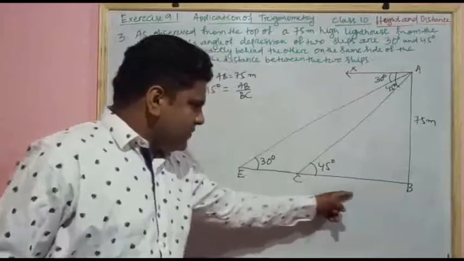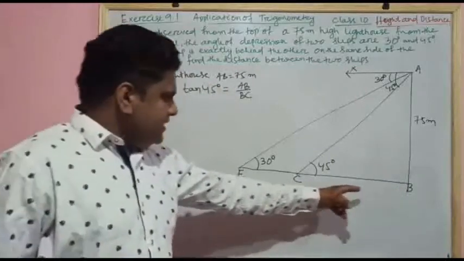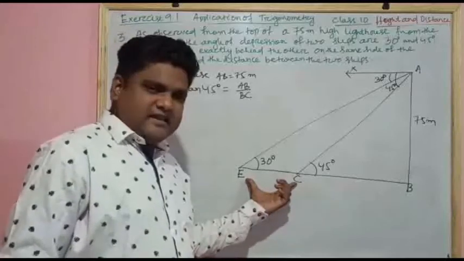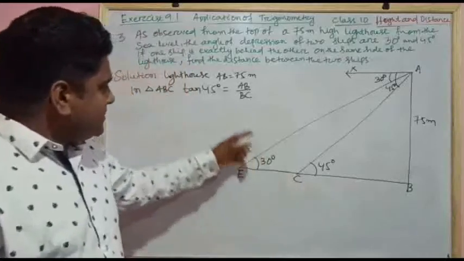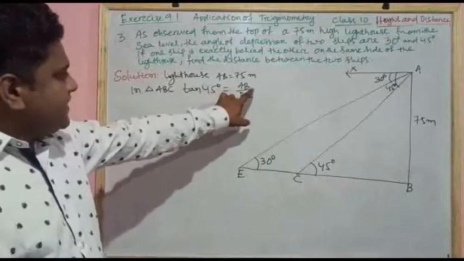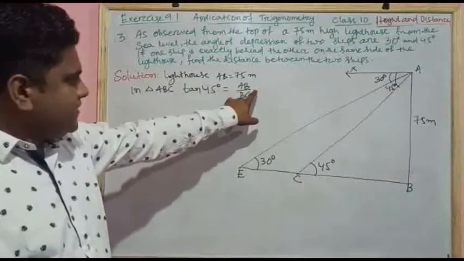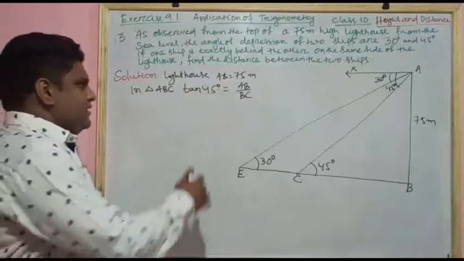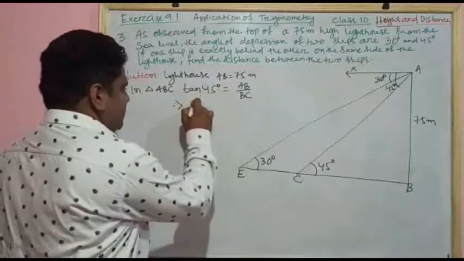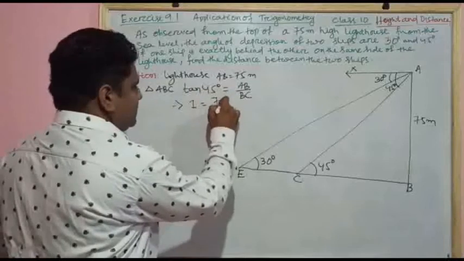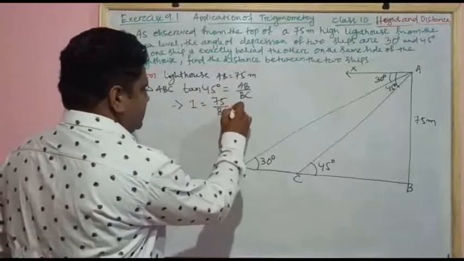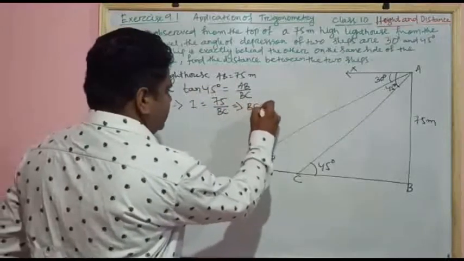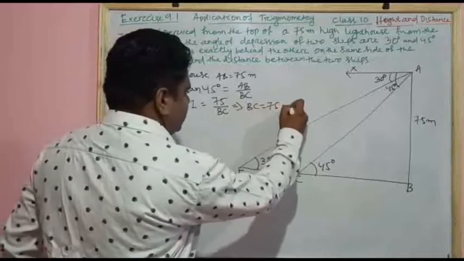Next we have to find BE, because BE minus BC is EC. AB is given and tan 45 degree is 1. AB is equal to 75 meter, so BC equals 75 meter.